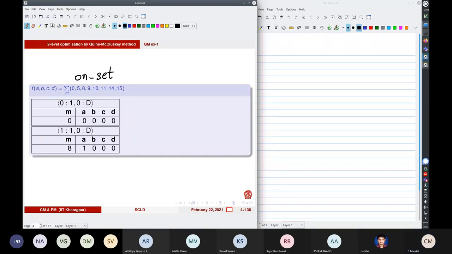Now, as I told you, this method is designed so that it can be easily programmed. So now, what is the first step?